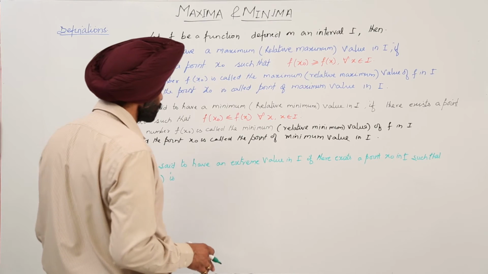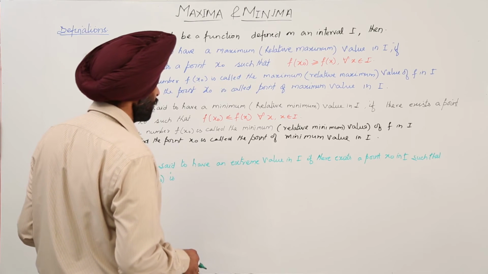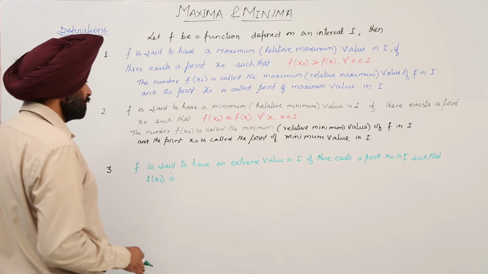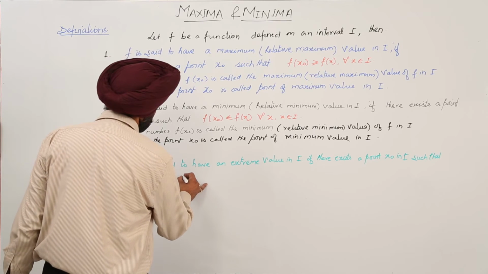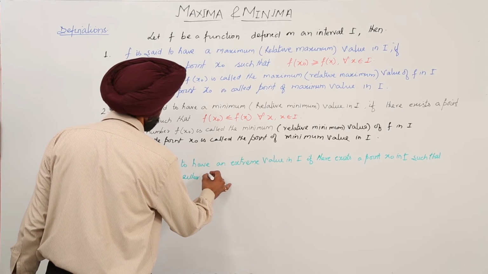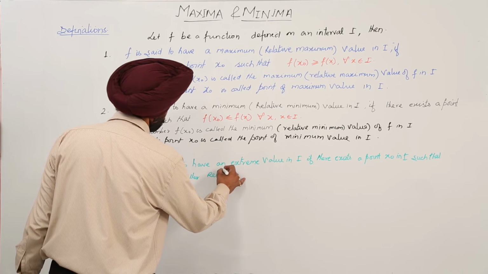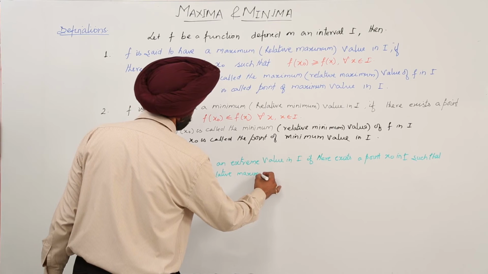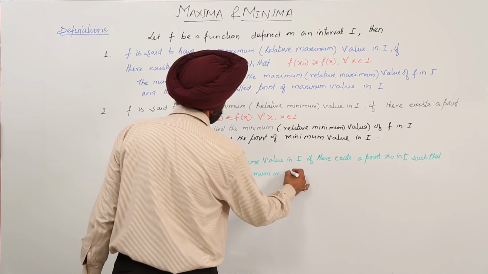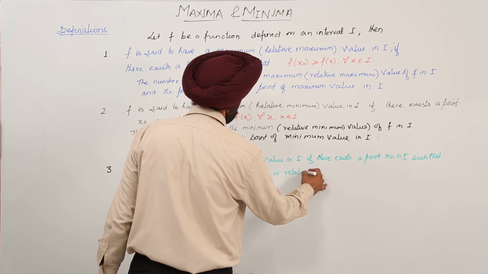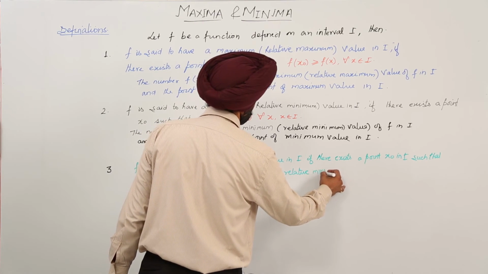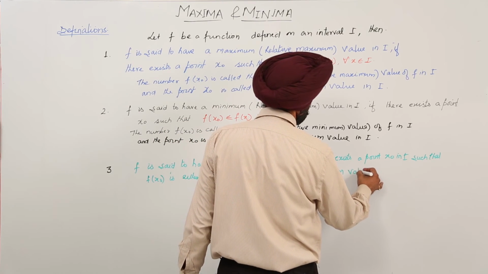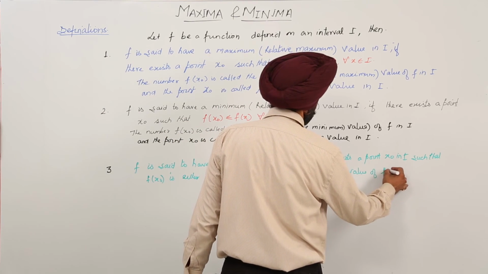F is said to have an extreme value in I if there exists a point x0 in I such that f(x0) is either a relative maximum or relative minimum value of f in I.